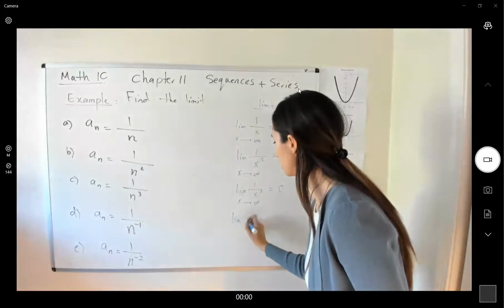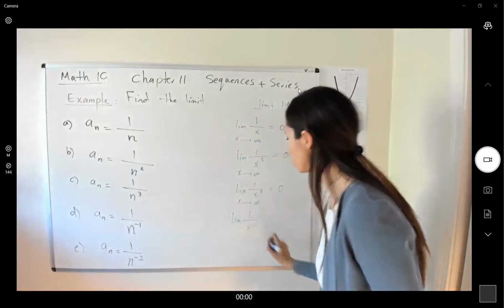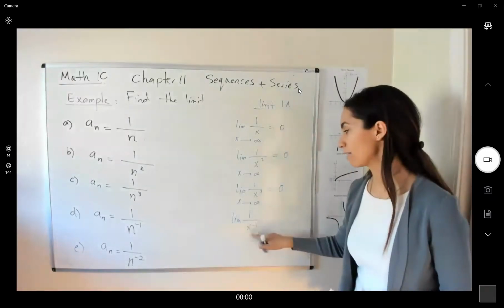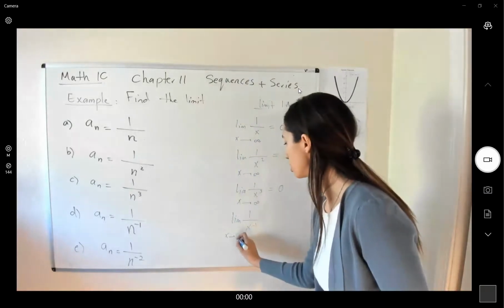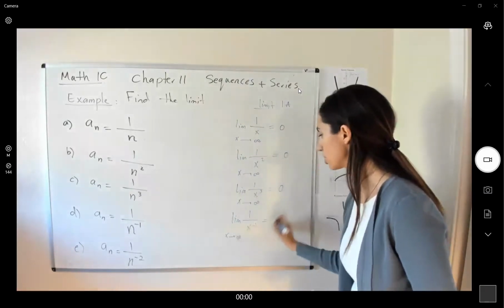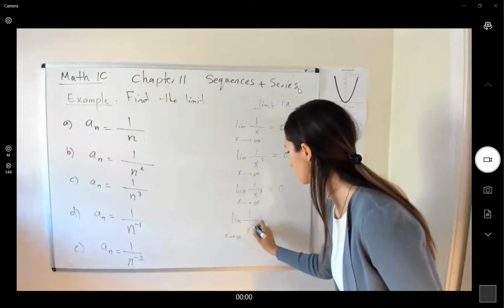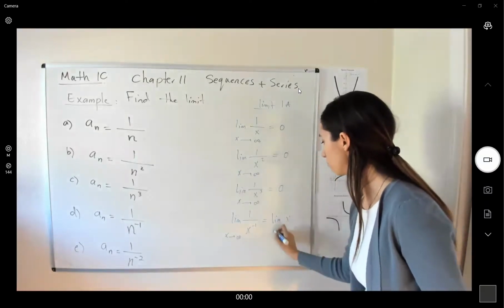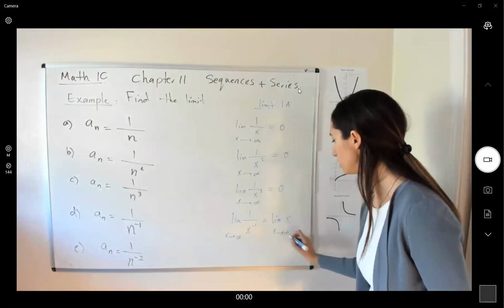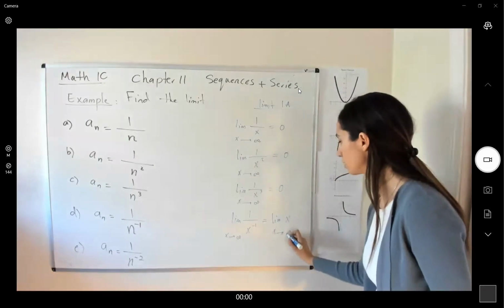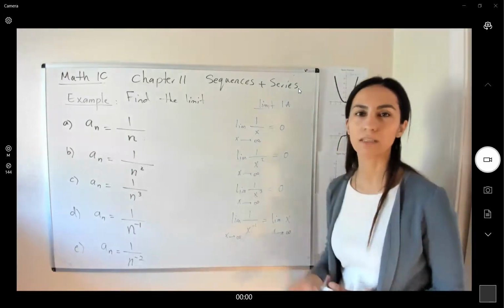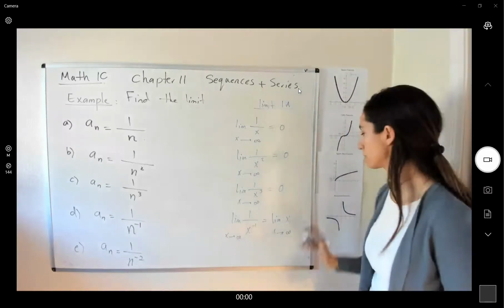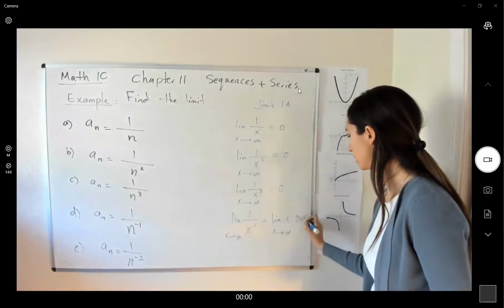But the limit of 1 over x to negative 1, since you have a negative exponent, first you have to write this expression with positive exponent. So you get the limit of x while x goes to infinity. And if you are working with limit at infinity, you say that it is infinity, or you say that it does not exist.